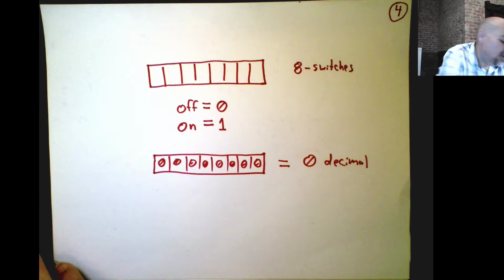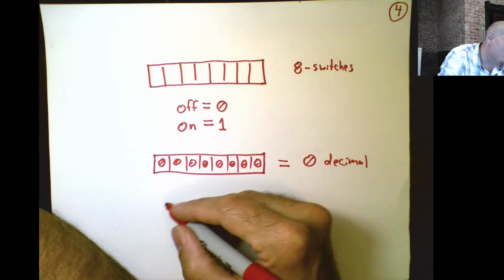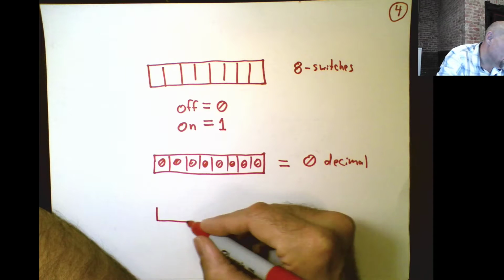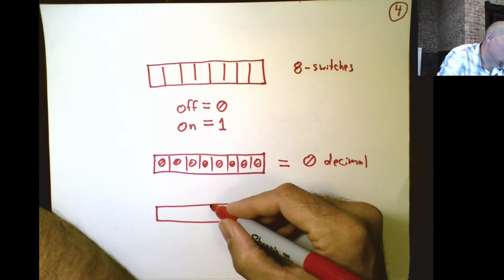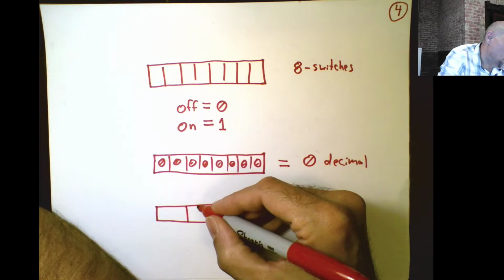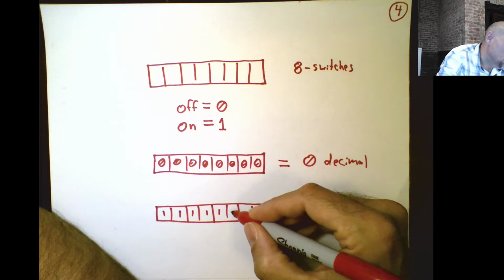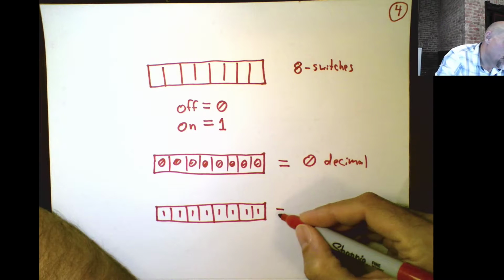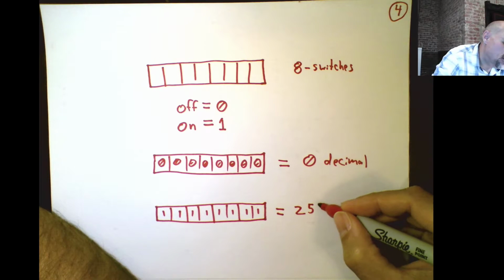And if we were to turn all of them on, then that has a representation as well. So let's draw that. If I were to put a 1 in every one of these positions, in all 8 of them, then that represents a decimal number of 255.